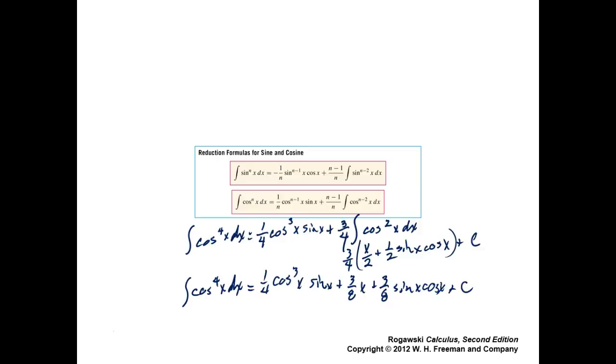Now we're going to subtract from that cosine 6th x. So let's go back and do cosine 6th x.